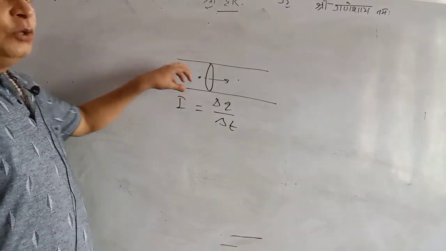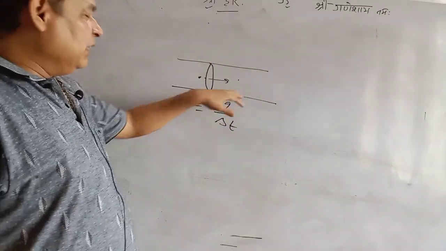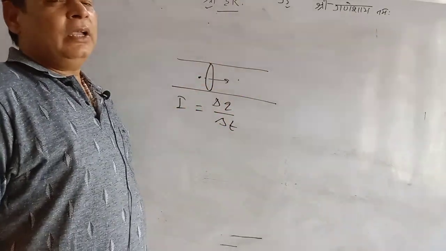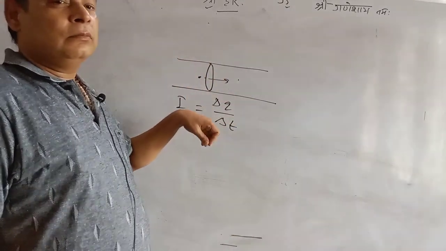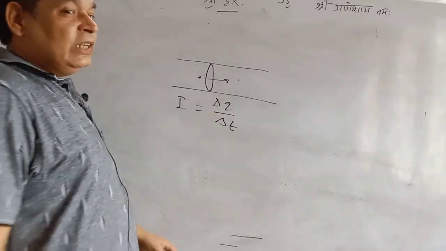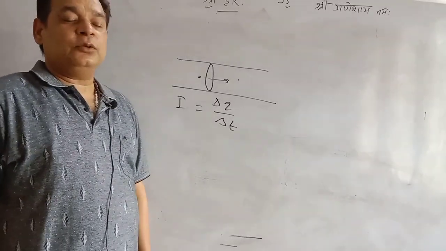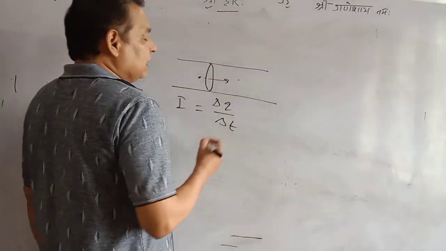This may be due to flow of charge through a given area steadily. It may be due to oscillation through the given surface. If it oscillates, that would cause AC, alternating current.